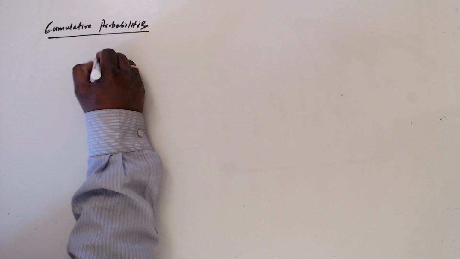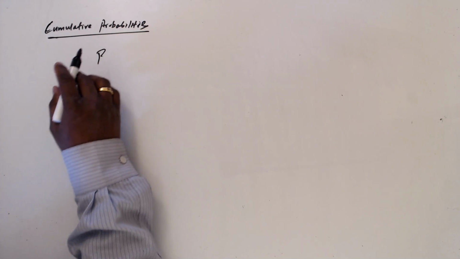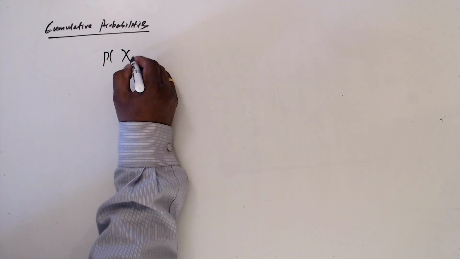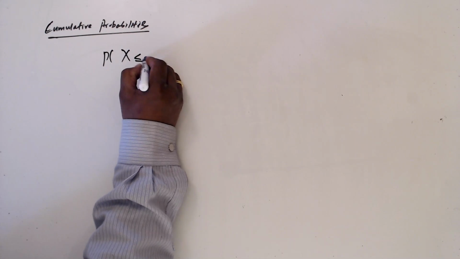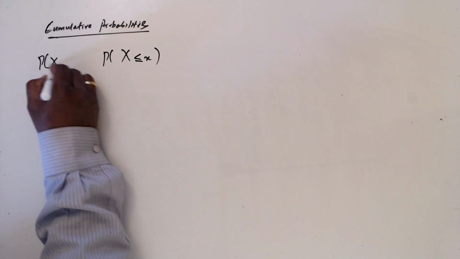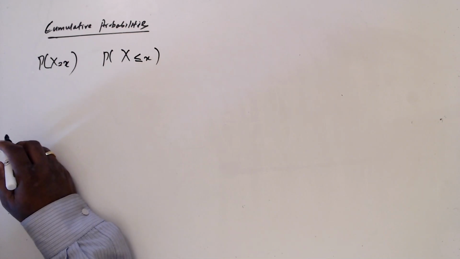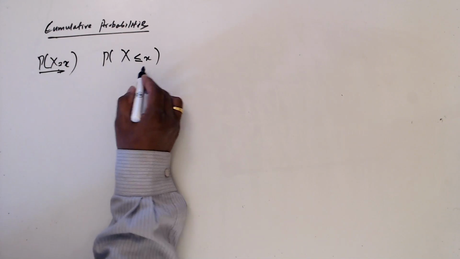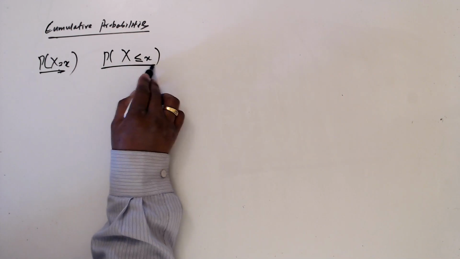Cumulative probabilities. The cumulative function we usually define with the probability of capital X, the variable, less than or equal to a simple x. The mass function we define like this, equal to, and this is cumulative.